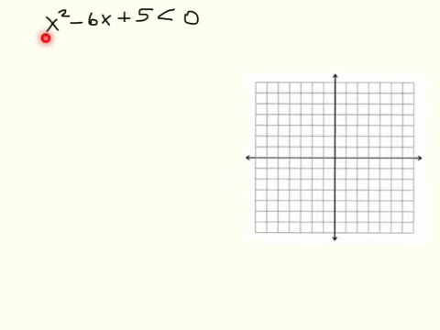So in this case, we want to solve this quadratic inequality. What it's asking us when we're solving is to tell us the x values for which the graph lies, in this case, below the x-axis. So I'm going to write that out here. It may take me a minute, but I want you to understand what it's asking you.